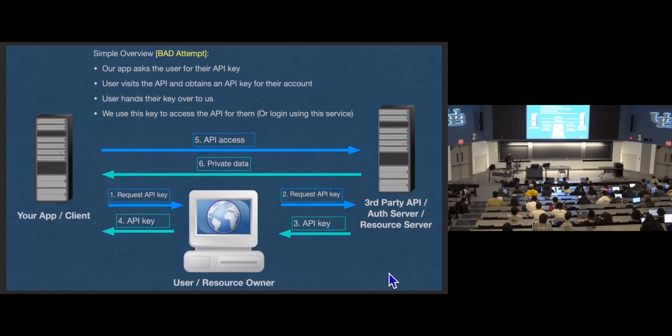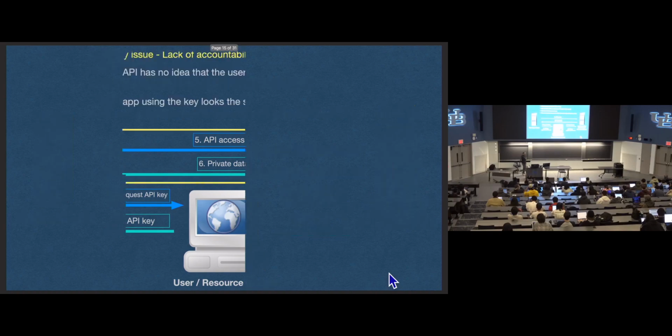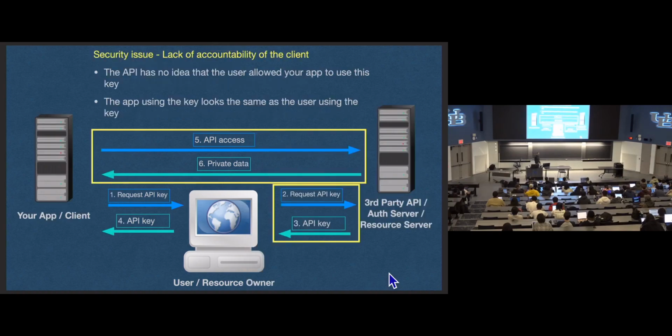So this doesn't seem too bad. One of the issues we already talked about, and for me the biggest one, is accountability. There are three issues I'm going to mention here. One, the lack of accountability of the client. Our app has an API key that looks like the actual user's usage of the app. So every time we go to GitHub, it looks like the actual user. There's no accountability for us.